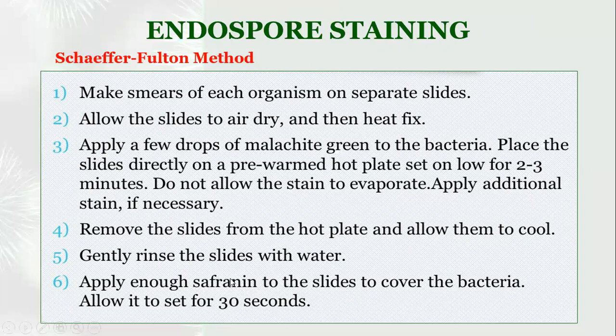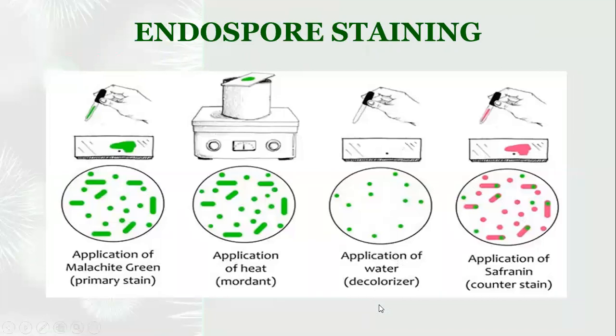So the endospore bacteria appear green, and non-endospore bacteria appear pink as they are stained with safranin. Here you can see the endospore staining process. Prepare the smear, air dry the smear, and then heat fix.